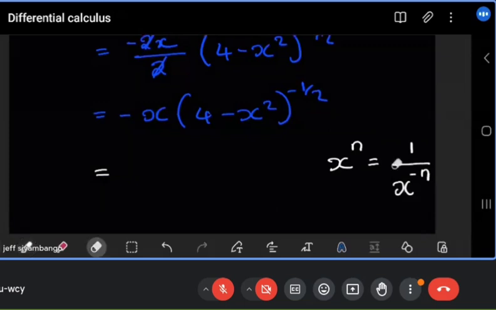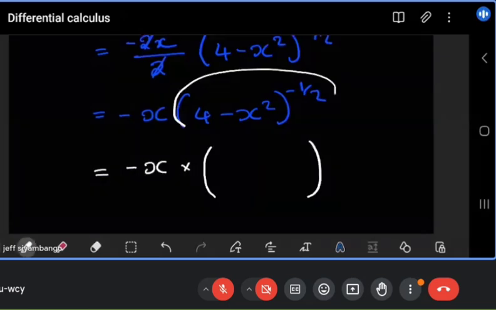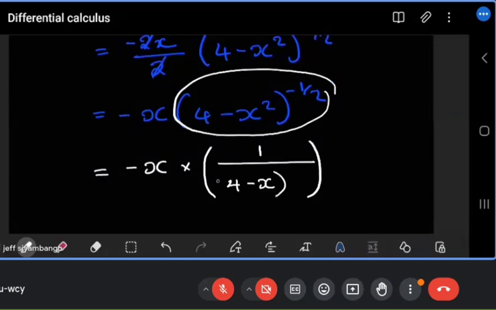But mostly we take advantage of the other one. So taking advantage of that same property, it now implies that I can use that property and say 1 over 4 minus x squared, but now the power was negative half, the power is now positive half.